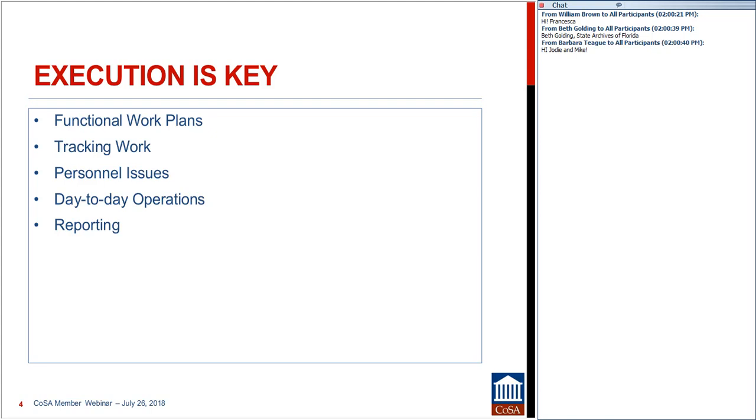We're going to talk about functional work plans that you can actually use in the world, how to track your work with your team, a little bit about managing personnel issues, and setting up day-to-day operations in a way that makes collaboration smoother, a little bit easier to execute, and the process of reporting when your project is complete.